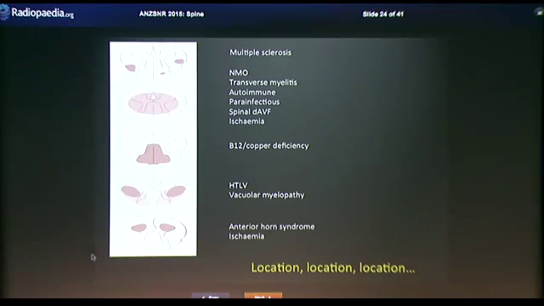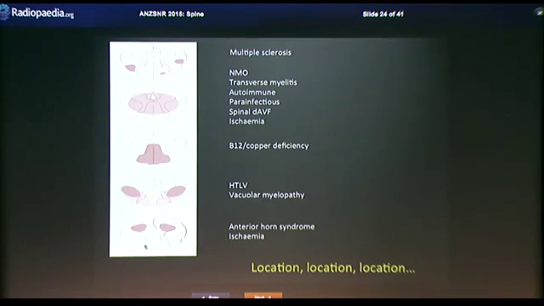So I've just put together some of the figures from Pramit's talk, just a reminder of what locations we're looking at. So MS we're pretty comfortable with. Dorsal column involvement, B12 and copper deficiency. If you've got, say, dorsal lateral column involvement in a patient with HIV and a long history of onset, you might think vacuolar myelopathy.